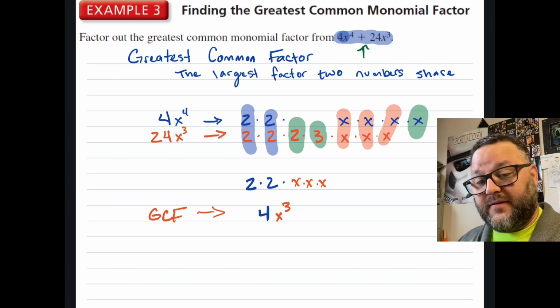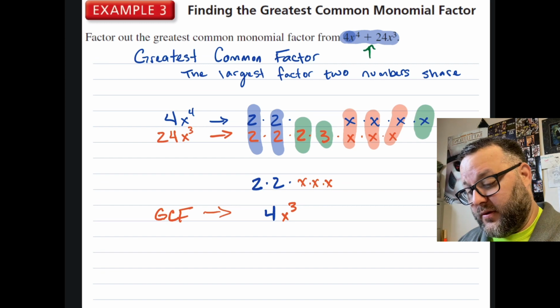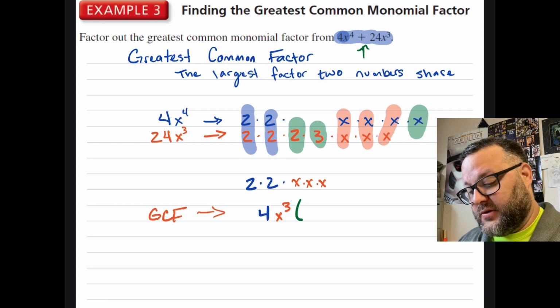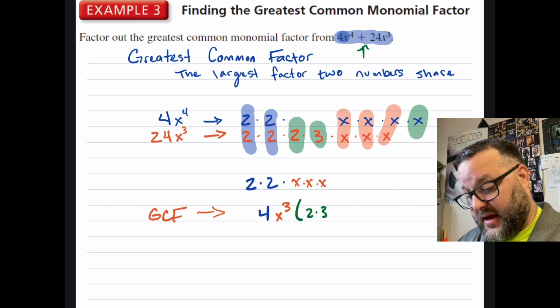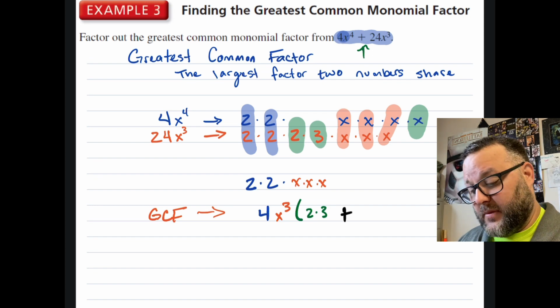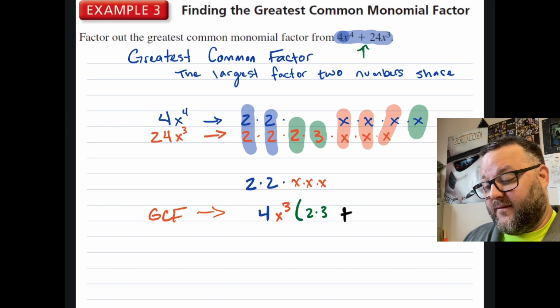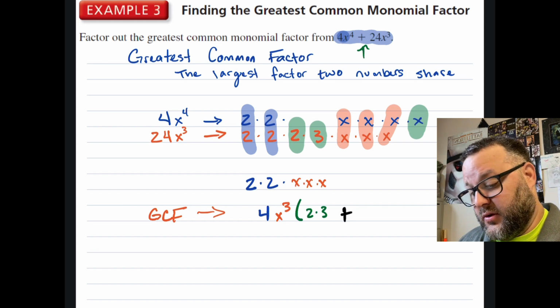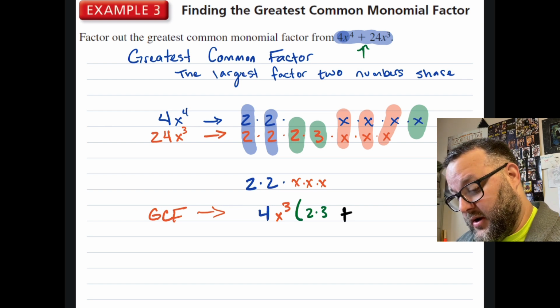In other words, what's left of the 4x to the fourth is just 2 times 3. And then we had that plus sign. I want to say the pesky plus sign, but it's not really pesky. What was left of the 24x cubed is also going to be, or I'm sorry, wow, my brain, that is not right.